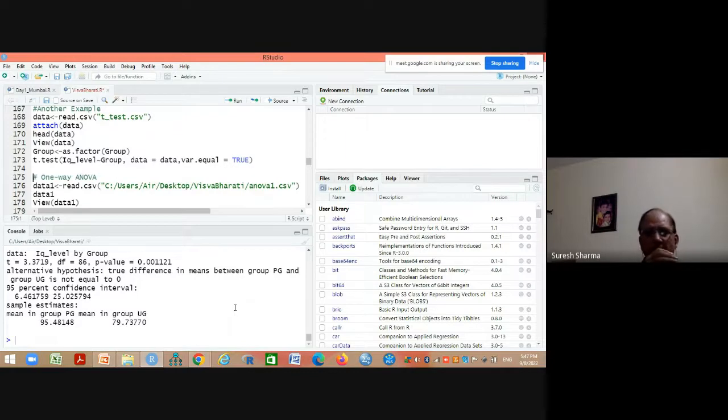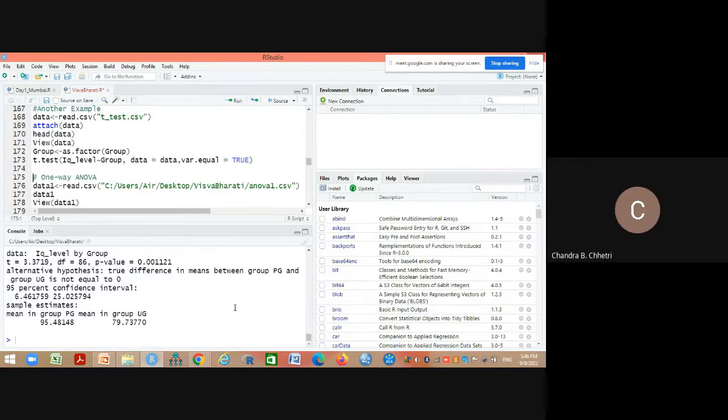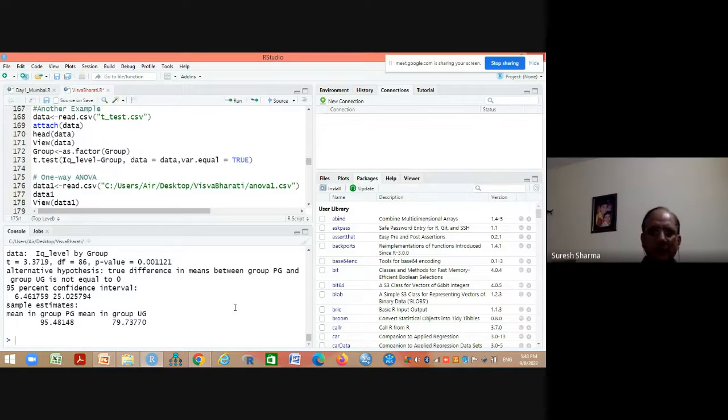Now, the question is, it involves three groups: one is CBSE, another is ICSE, third is state. Can I apply the t-test? Yes or no? No. The t-test is applicable only if there are two independent samples.